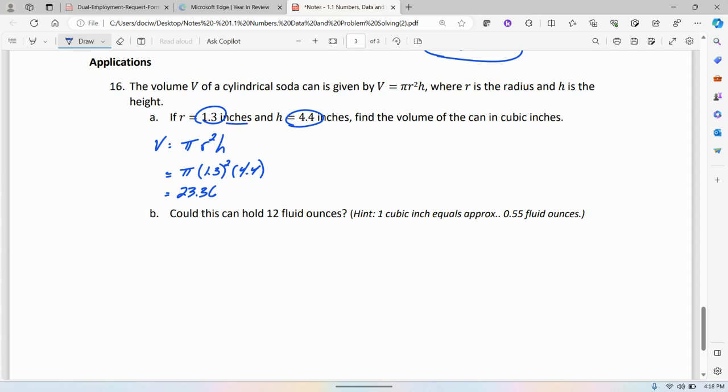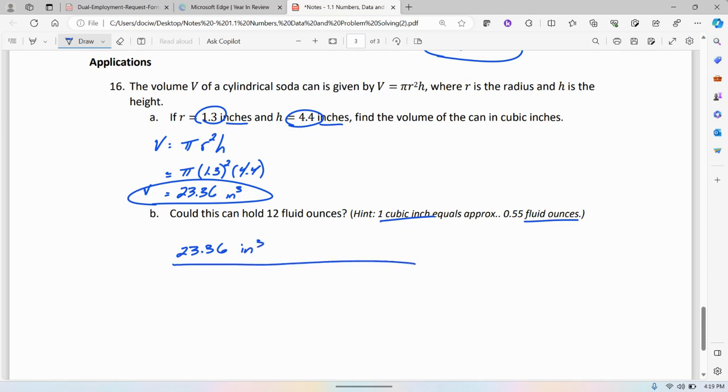Radius is measured in inches. Height is measured in inches. Radius is being squared, so that's going to be cubic inches. My volume is 23.36 cubic inches. Can this can hold 23 fluid ounces? Well, what I want to do for this, I don't want to convert cubic inches into fluid ounces. Here's the best way I think to do this. 23.36 cubic inches.